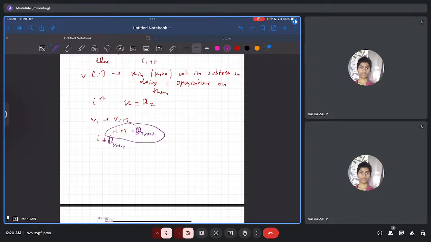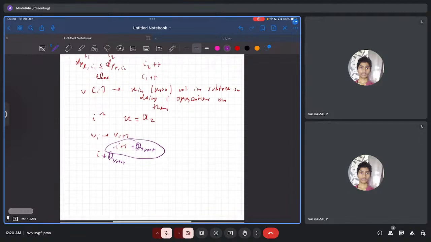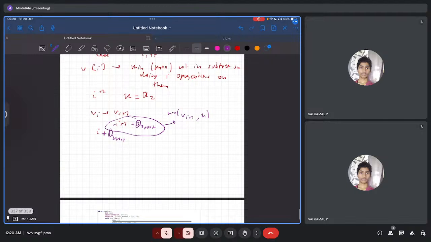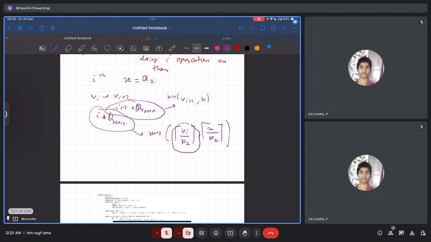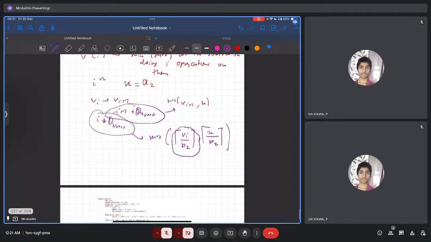In this case, the maximum value in the subtree would be dp of I plus 1 comma x, and in this case, because using I operations in the subtree the maximum value is v i, and we divide everything by b z once in one operation, and we also divide x by b z in one operation.